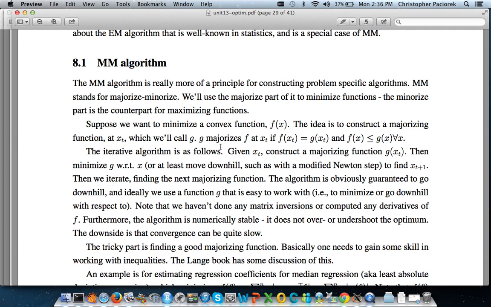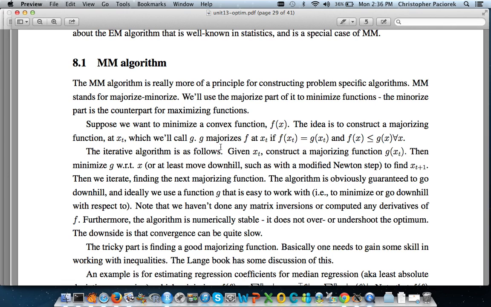The idea of the MM algorithm is, if you have a convex function like this, then I should be able to construct what's called a majorizing function that will touch this function and then basically always be above it. This is going to be an iterative algorithm.